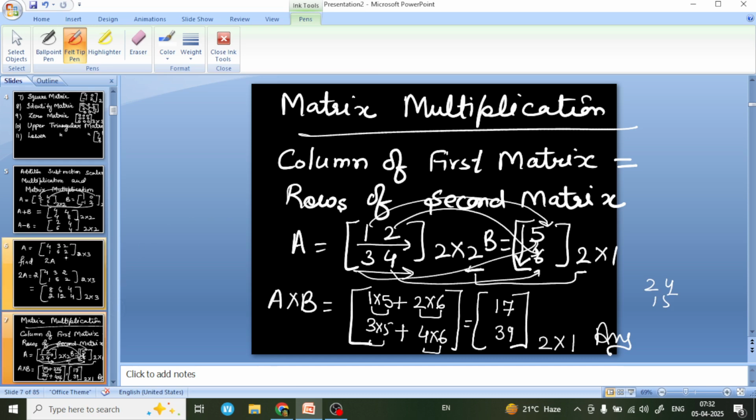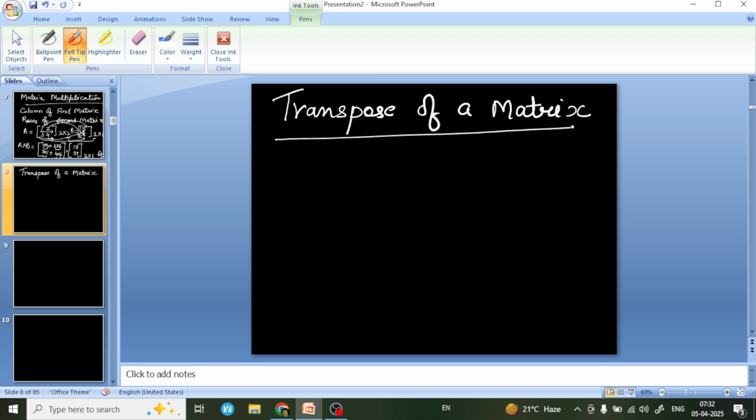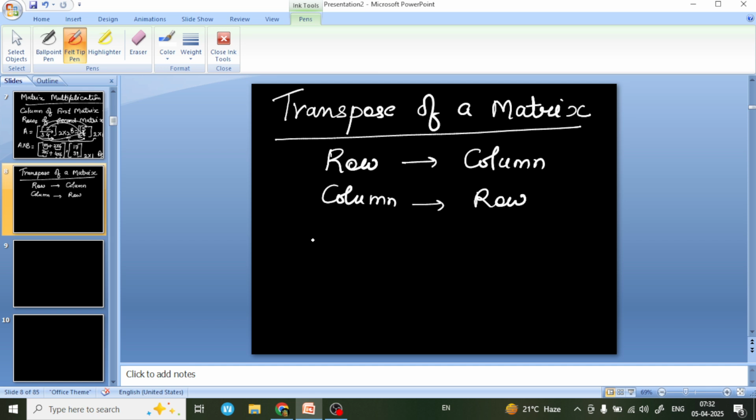Now next, how do we find the transpose of a matrix? In the transpose of a matrix, rows convert into columns and columns convert into rows.